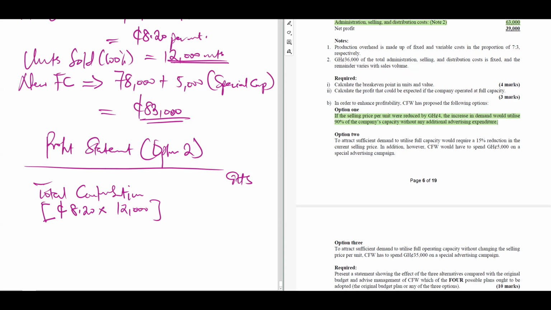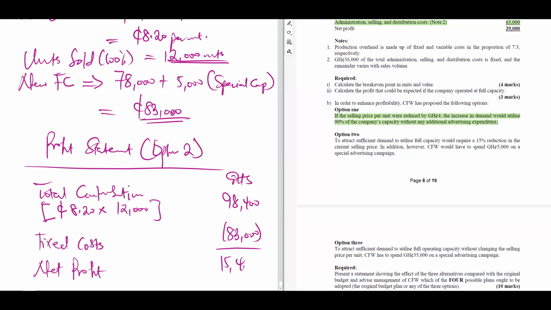So 8.2 times 12,000 is 98,400. Then we less our fixed cost. Now our fixed cost is 83,000. So what's our net profit? 15,400.